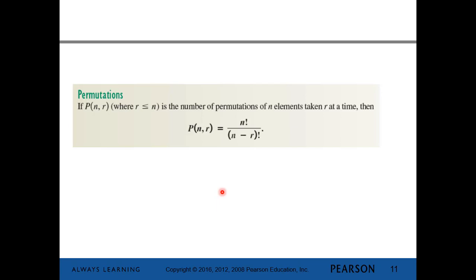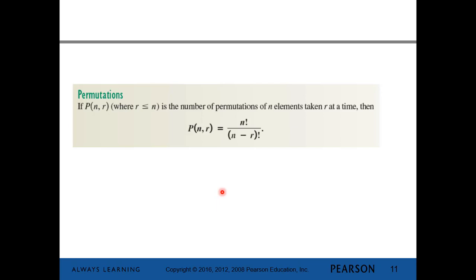Now, if we look at a couple examples here, what if, of the 5 books, I only wanted to have 3 of the 5 books, and I wanted to put them in a particular order?